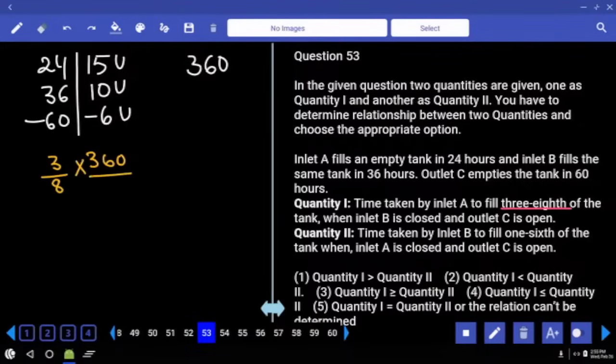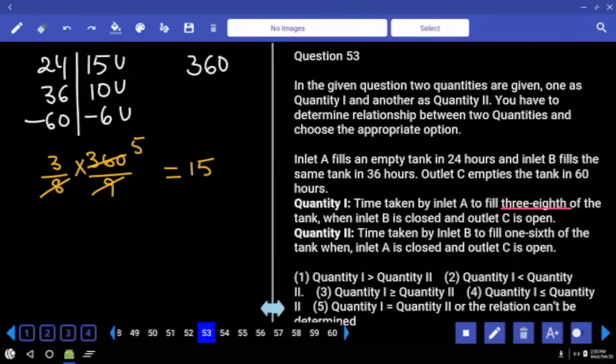Who should fill this tank? A and C. A and C both together do 9. 8 into 9, 72. 5 times is 360. 10 times 720. Half 360. 10 times half and 5 times. How much is Q1? 15.